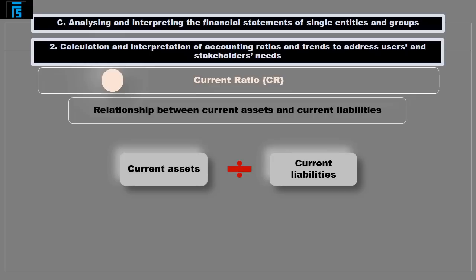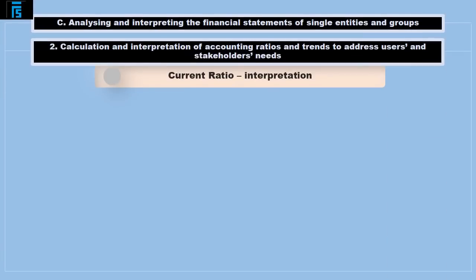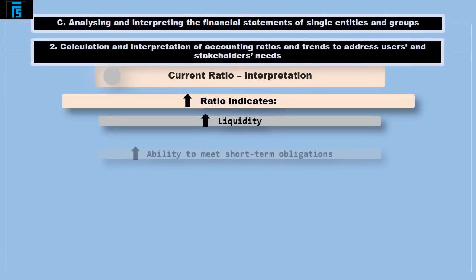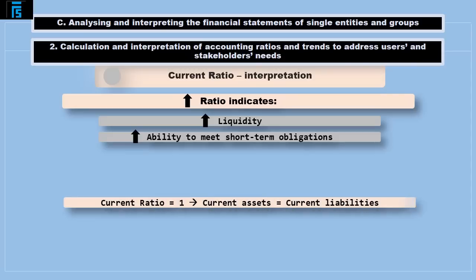The current ratio measures the adequacy of the company's current assets to meet current liabilities. This interpretation is naturally based on the assumption that in the short term, current assets should convert into cash and therefore generate a source of liquidity to make ongoing payments. A higher ratio naturally indicates a higher level of liquidity, that is, a greater ability to meet short-term obligations.